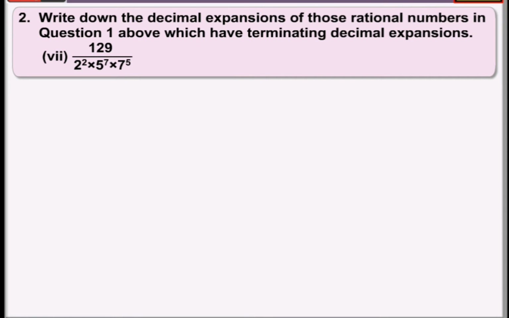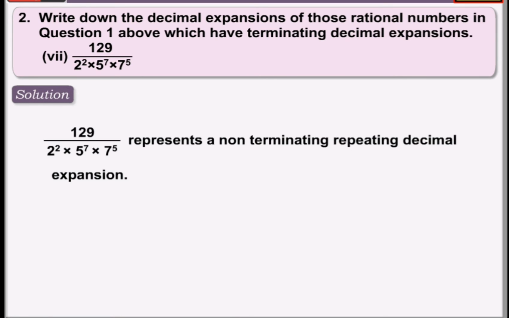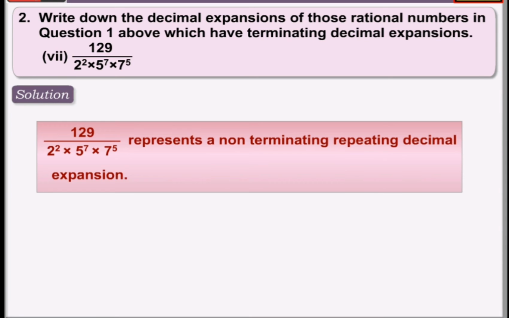Number 7. 129 upon 2 square into 5 raised to power 7 into 7 raised to power 5. Answer. 129 upon 2 square into 5 raised to power 7 into 7 raised to power 5 represents a non-terminating repeating decimal expansion.